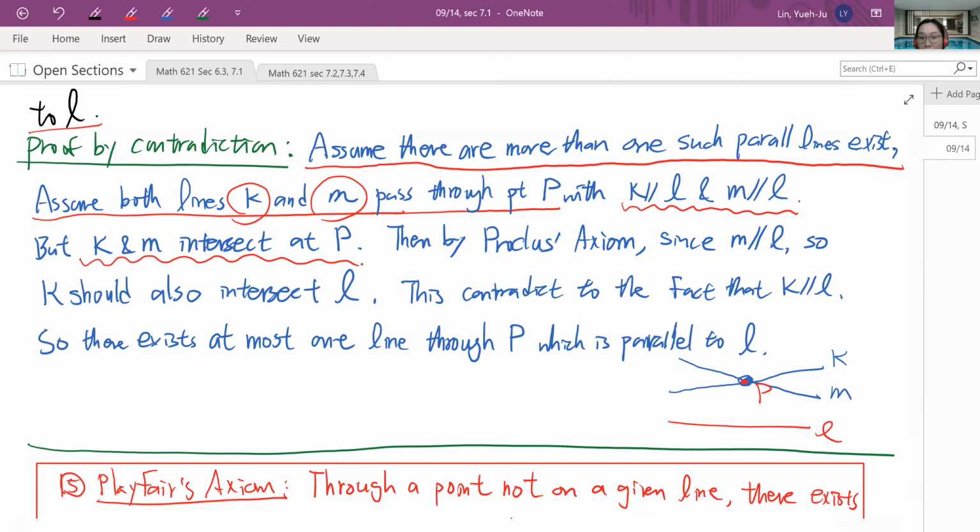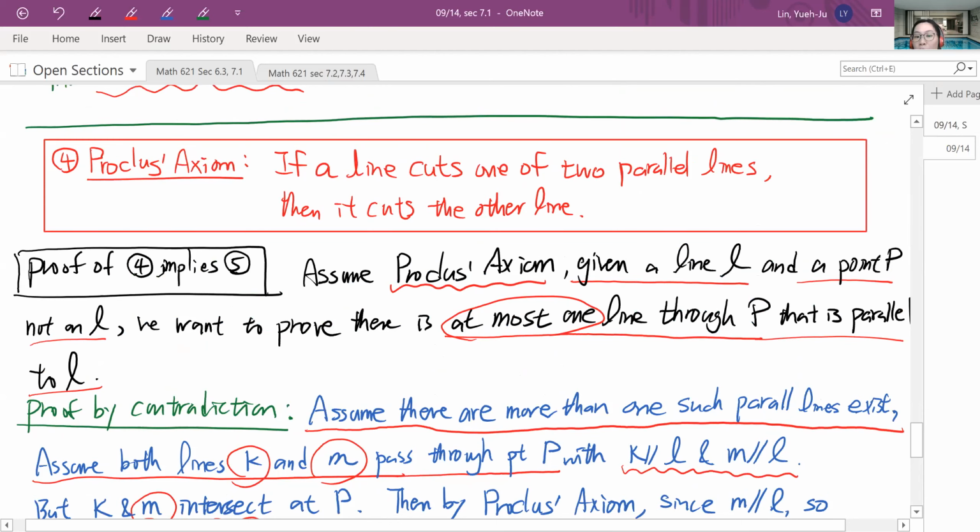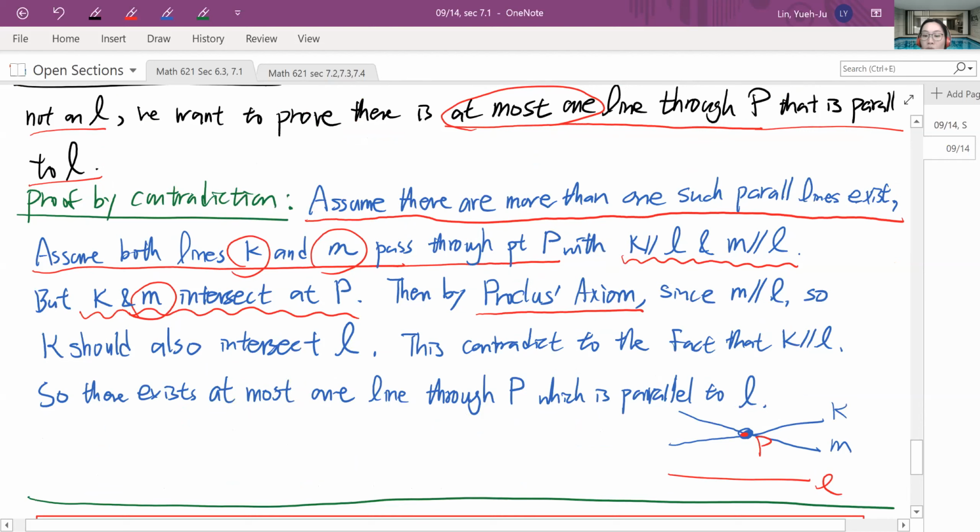Since K intersects M at P, that's where we can use the Proclus axiom, right? Proclus says, go back, if one line cuts one of the 2 parallel lines, then it cuts the other. So by the Proclus axiom, since we already know M is parallel to L, and K meets M at P, it means K should also intersect L. That's by Proclus, okay?